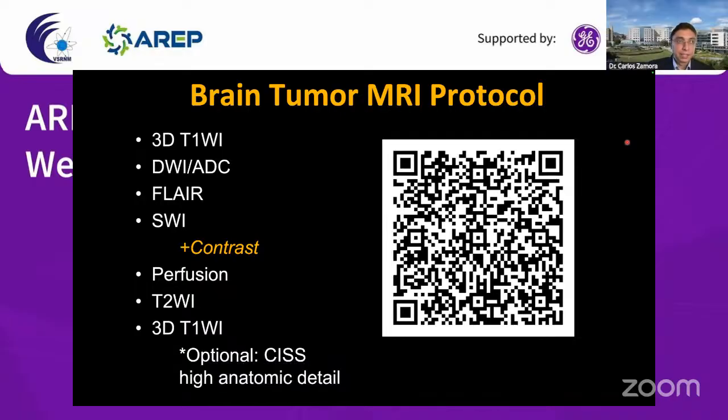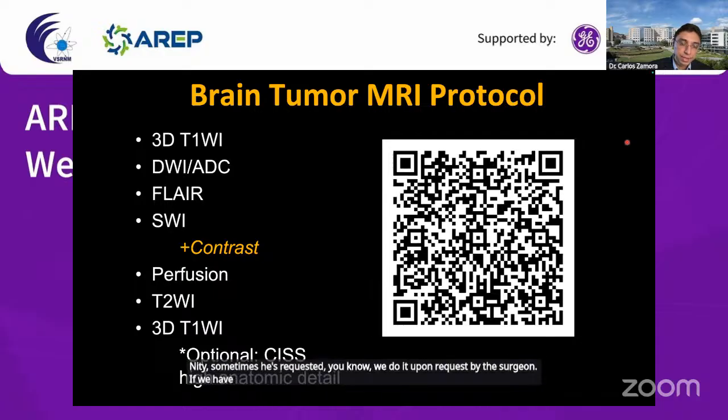DTI sometimes is requested. We do it upon request by the surgeon. If we have a tumor that might be in an area where we think it might involve the corticospinal tracts, or if it is felt that it might affect surgery, we might do it, right?